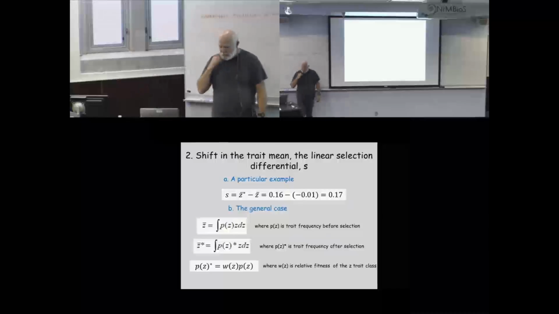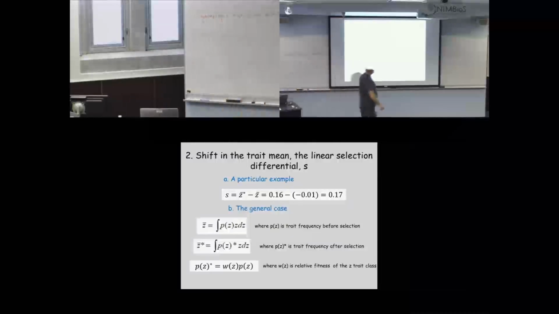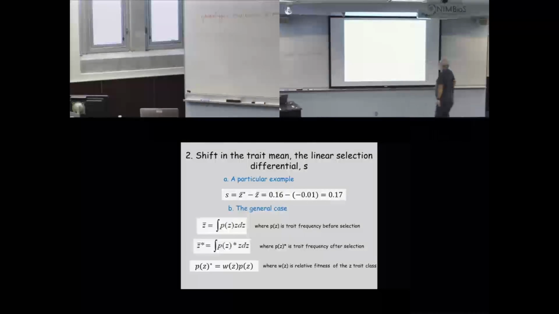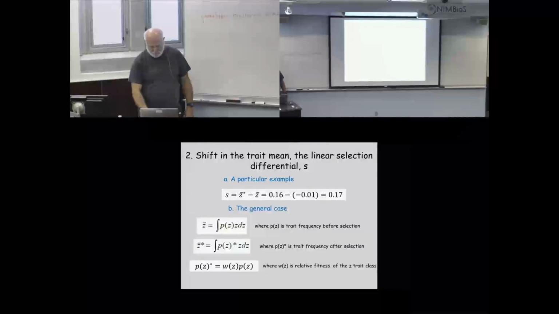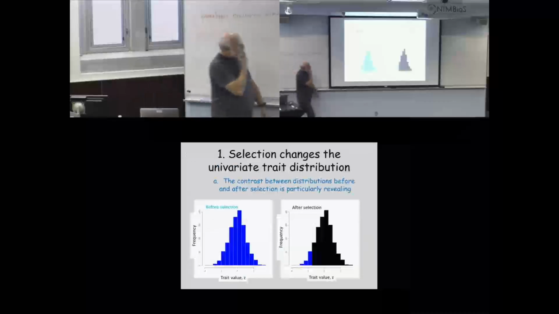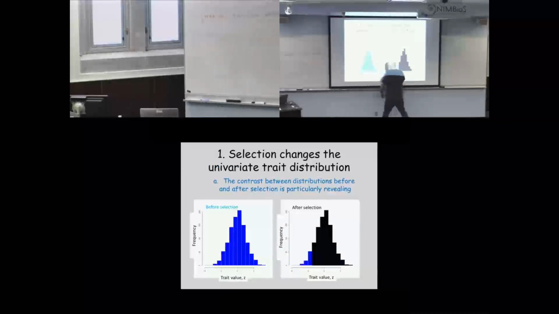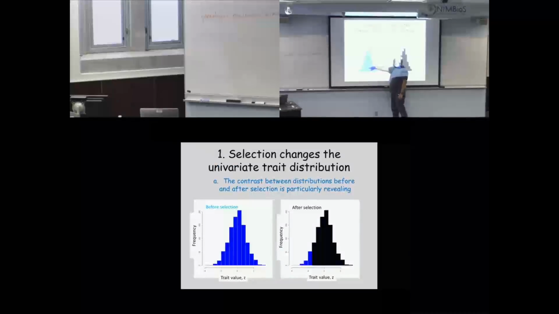I'm going to take a minute here and introduce Lande notation. But we're talking about a very simple thing. Let me back up, there's a standard thing I do in these figures that I need to point out. I'm going to standardize the variance of the distribution before selection so that it's 1, by dividing every trait value by the standard deviation of the original distribution.